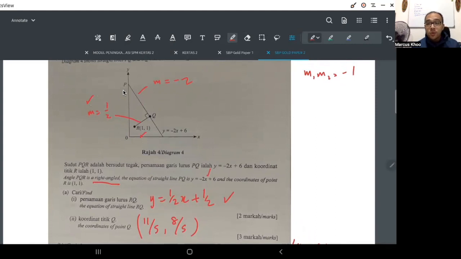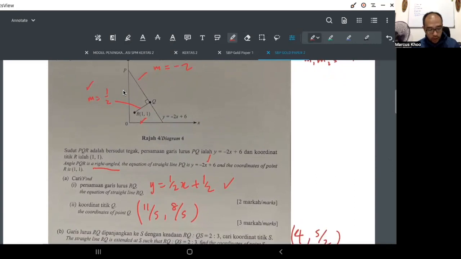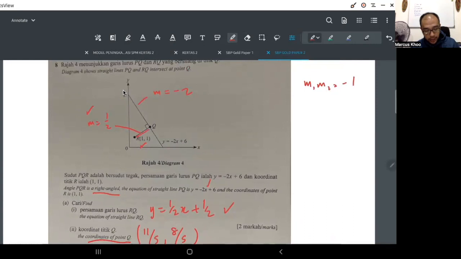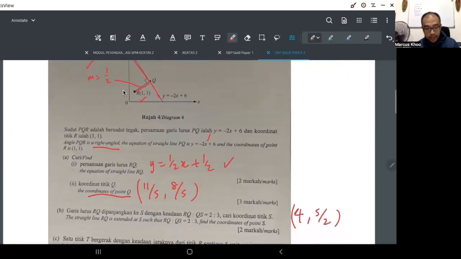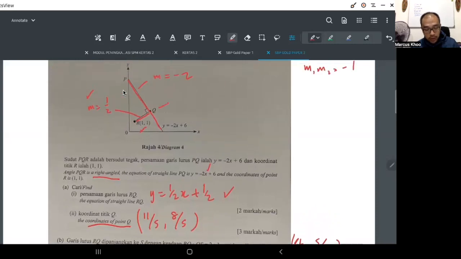Use y minus y1 equals m times (x minus x1). Then for the coordinates of point Q, assuming this answer is correct, point Q is the point of intersection between the two lines.